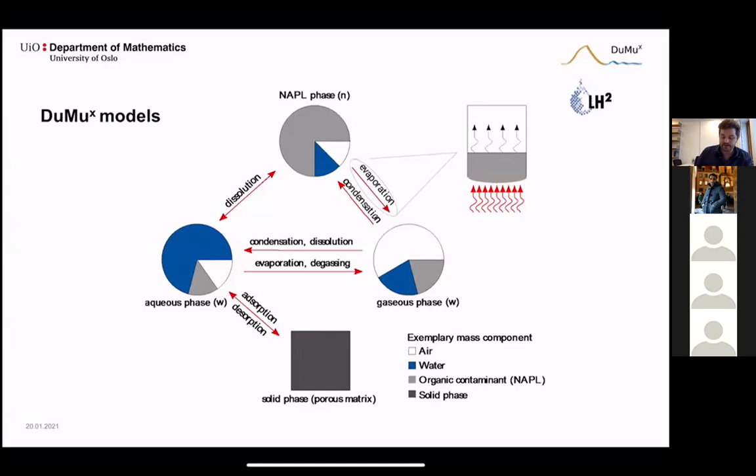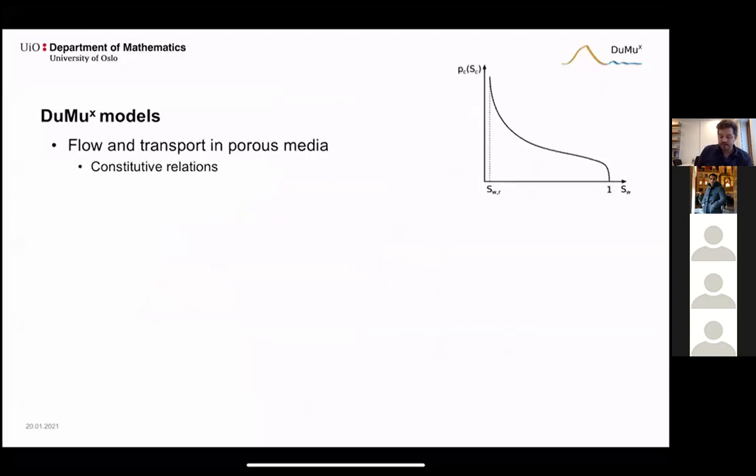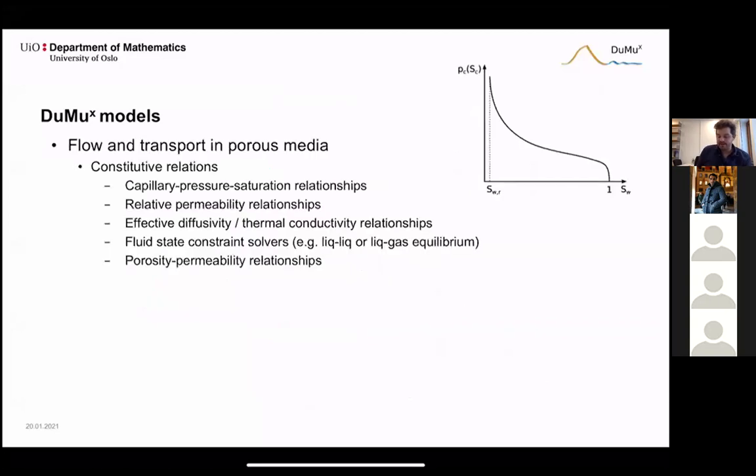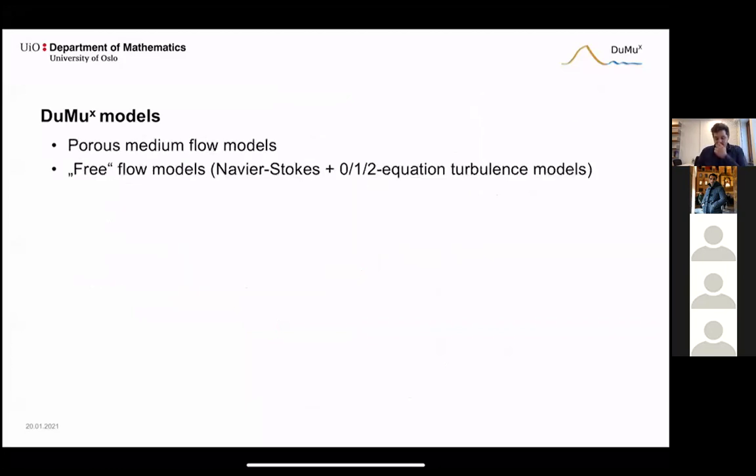You can simulate dissolution processes if the solid matrix in the porous medium dissolves into the fluid. And you can consider multiple fluid phases in the pore space. There's the constitutive relations already implemented, and it's implemented in a way that you can put in your own relationships if you have better ones.